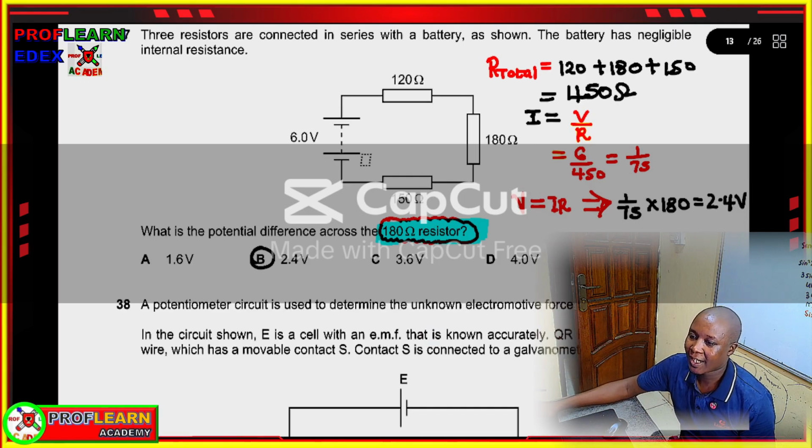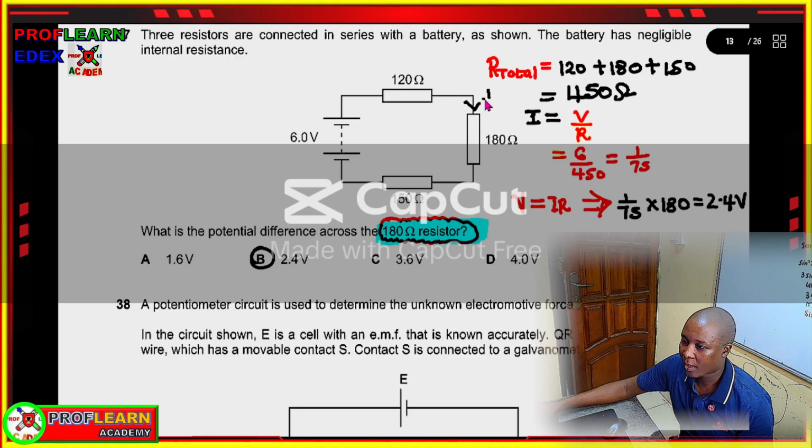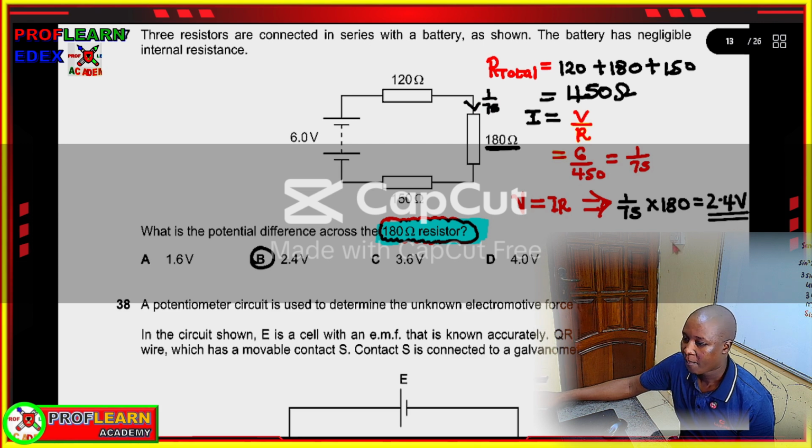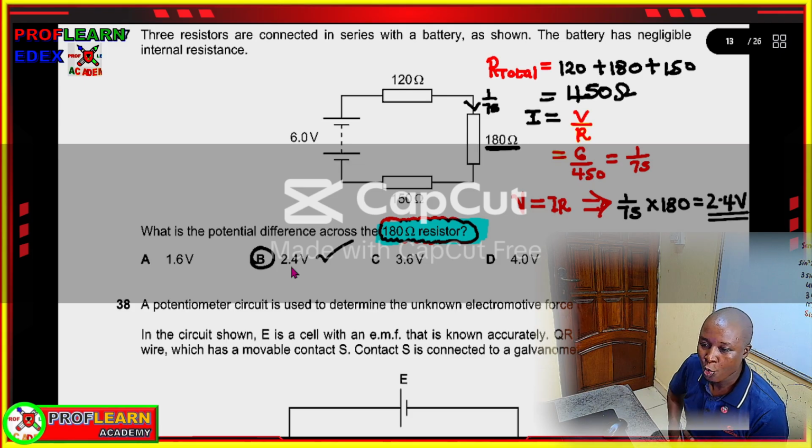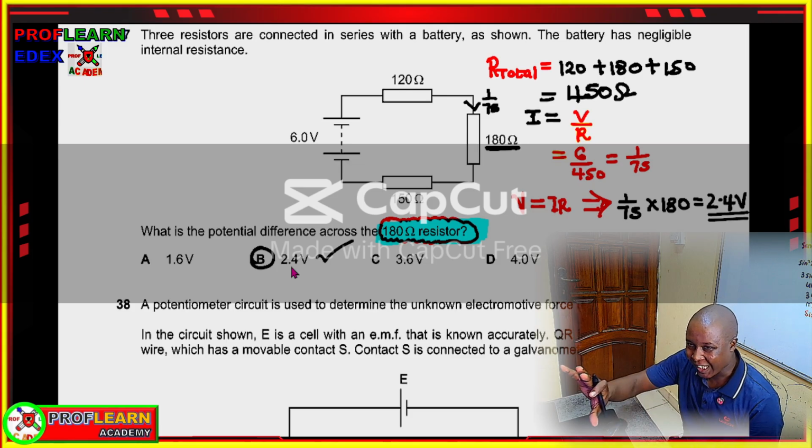So the current is going to be the same for every component, which means the current passing through this resistor here is 1 over 75. So if you take the current times the resistance, you are going to get 2.4, and then you will smile out of the exam room after scooping that whooping 1 mark for just doing this.